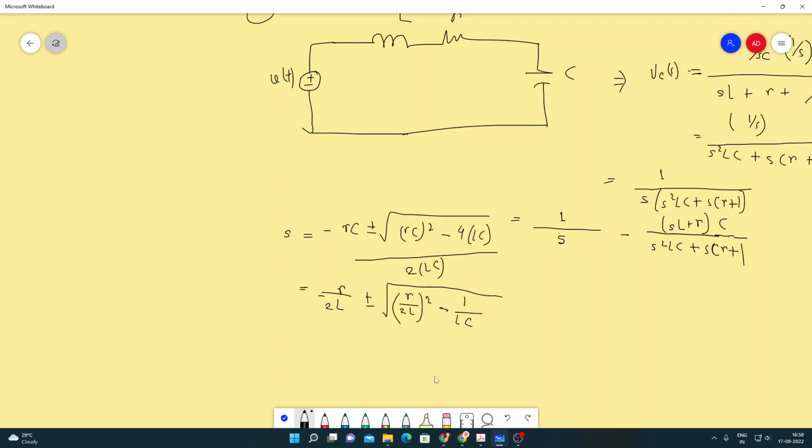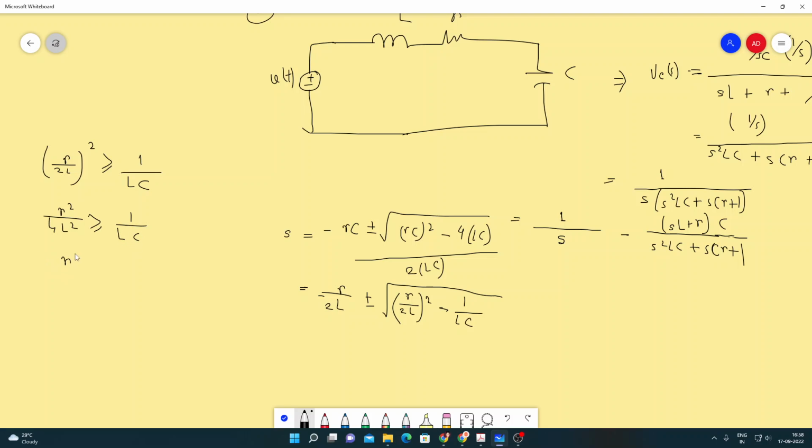So the term inside the root must be greater than or equal to 0. So R by 2L whole square should be greater than or equal to 1 by LC. So R square by 4L square should be greater than or equal to 1 by LC.